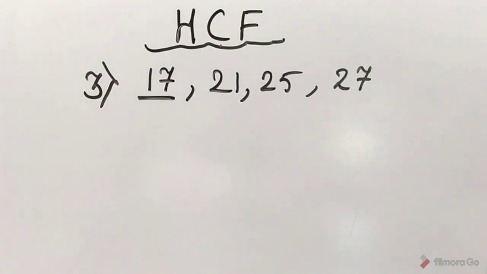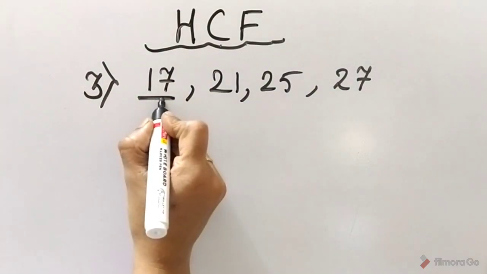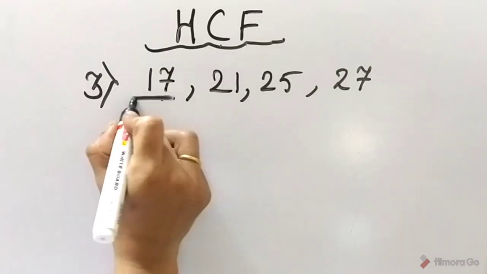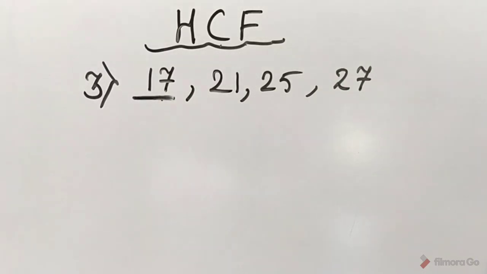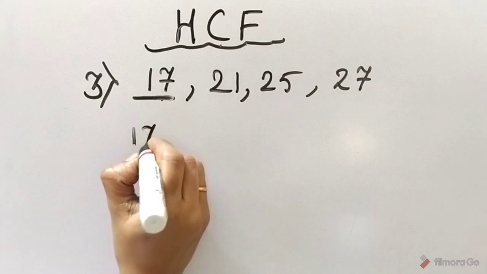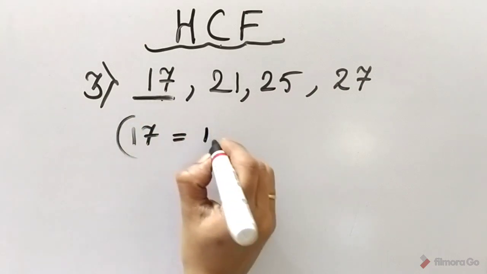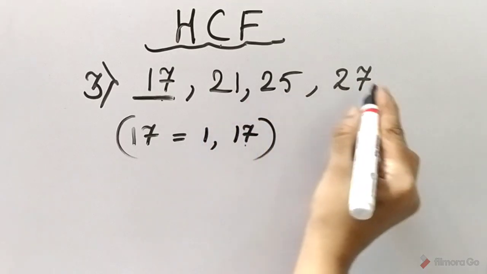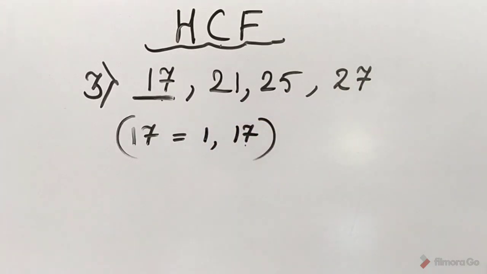And if you see, 17 is a prime number, and prime number in the last video also I have explained you. Prime number means what? A number which has only two factors, 1 and the number itself. Now what are the factors of 17? First I will write down 1 and 17. Now with the 17, these remaining numbers are not divisible, so I have to just cancel it.